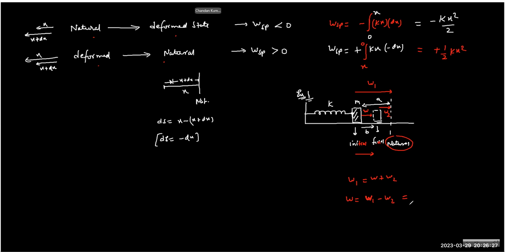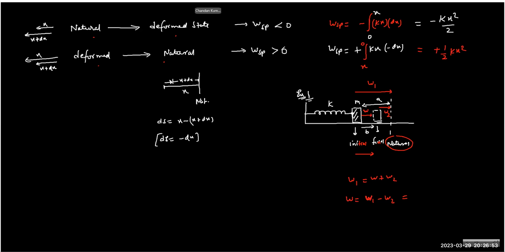So the problem is, one should understand that the formula which we are using is only when you go from anywhere to natural or natural to anywhere. There is no formula for somewhere to somewhere. And that makes the spring work done sometimes very difficult for a student. They get confused.